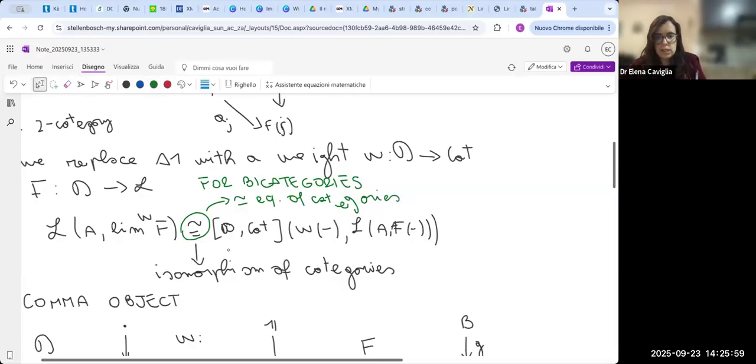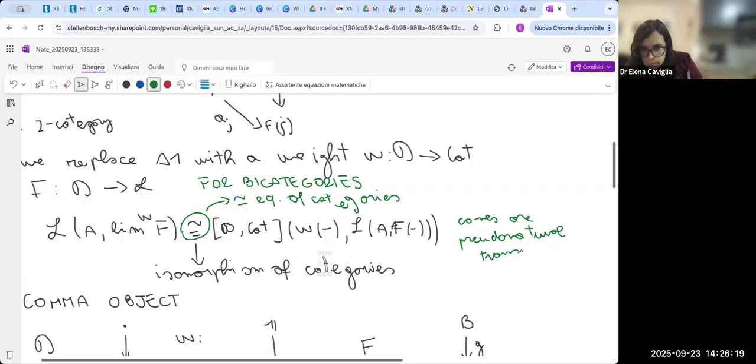And instead of considering natural transformations here as cones, we have that cones are pseudo-natural transformations. So we weaken both the condition here and the cones that we can get.